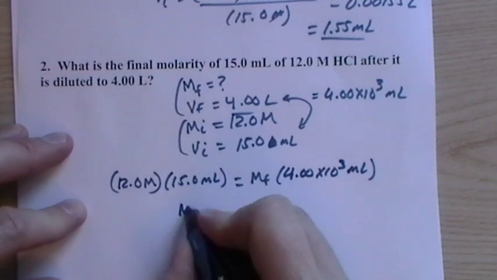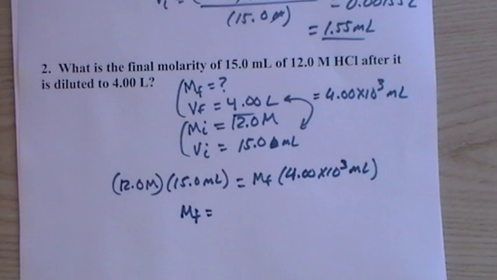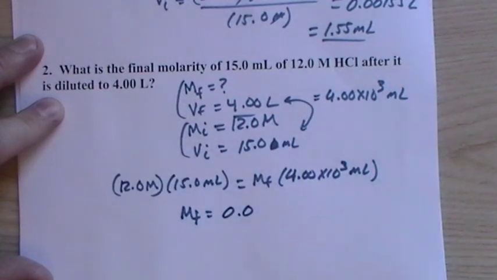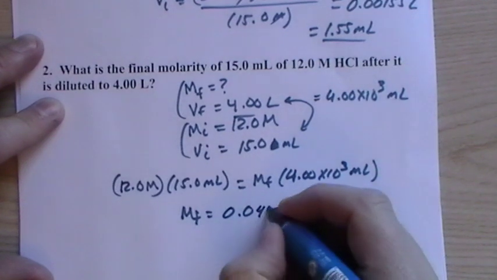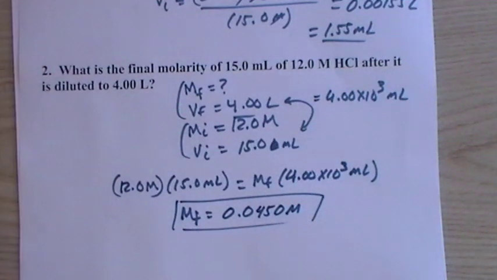So solving for the final concentration: 12 times 15 divided by 4,000. After we've diluted this from 15 mils, we've added in enough water to dilute it to 4,000 mils. We should end up with a concentration of 0.045. I'm going to do it one more time, but that seems reasonable.